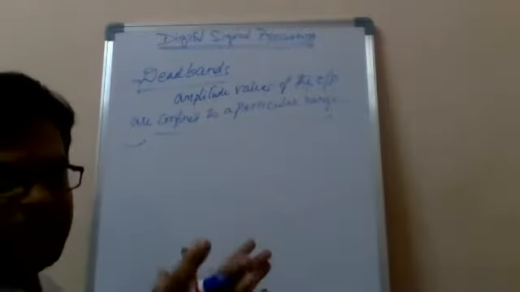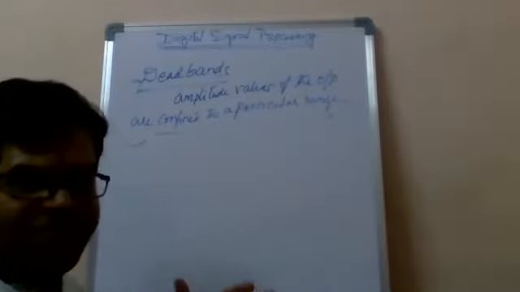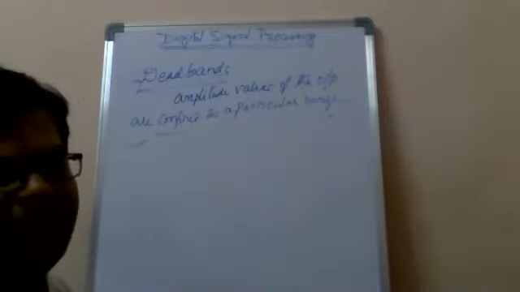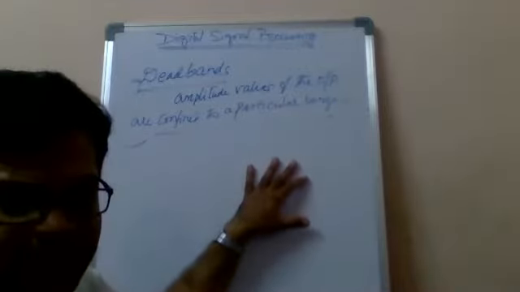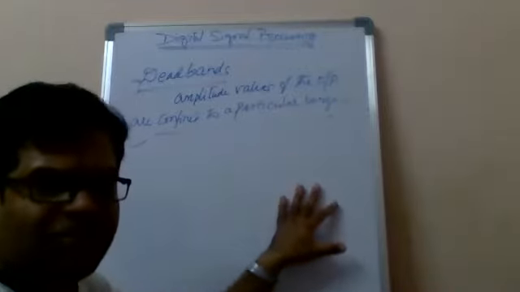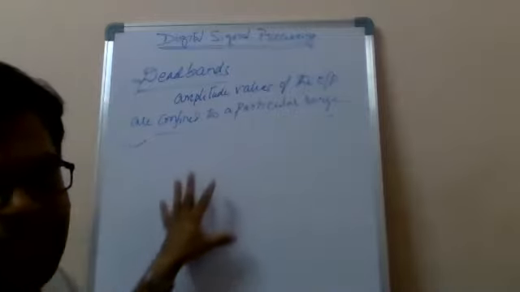So the range of values over which your amplitude oscillates from a maximum to a minimum, with reference to the output obtained after a particular process using recursive filters, is called the dead band.